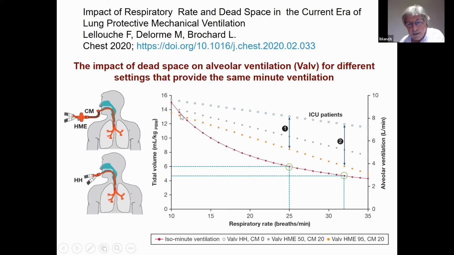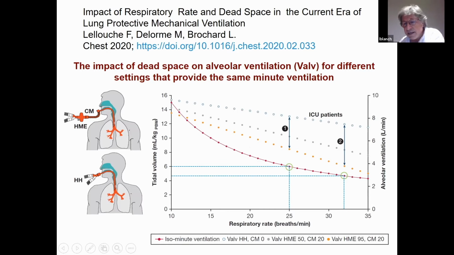If we look here, this is the isovolume minute ventilation, and here the open circles are when, as you will see, there is no other instrumental dead space, no heat and moisture exchanger. Then in this tracing here is the maximum, when 95 milliliters of instrumental dead space plus 20 due to the centimeters.